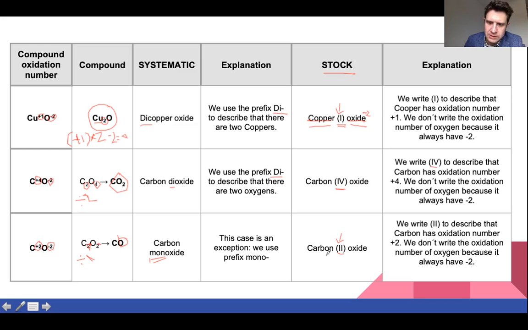So the scientist will know the compound will look like this. And in this case, the scientist will know, oh, carbon 4, so a carbon and then two oxygens, so CO2. Let's see the next slide.